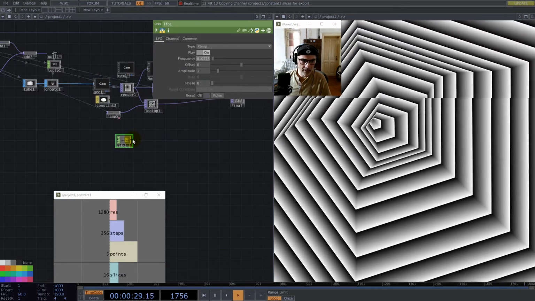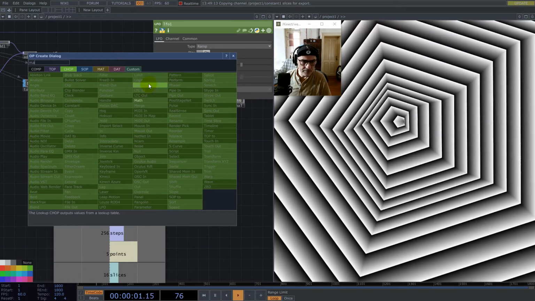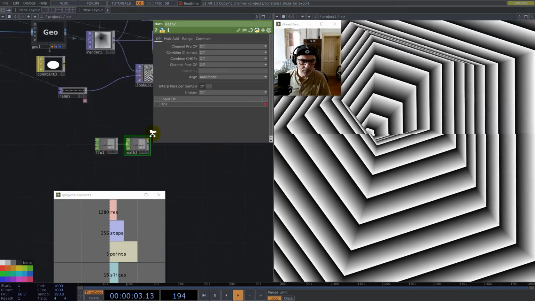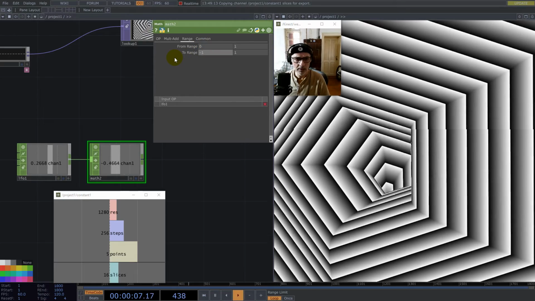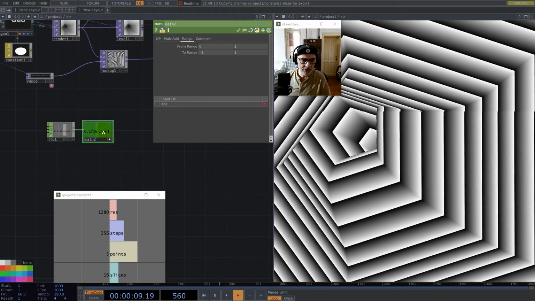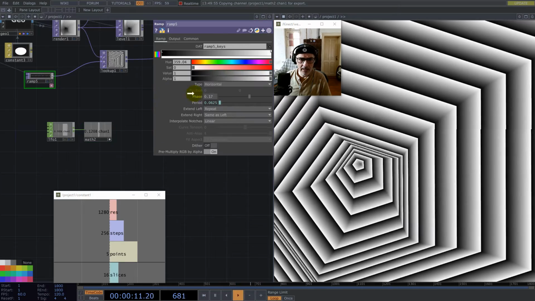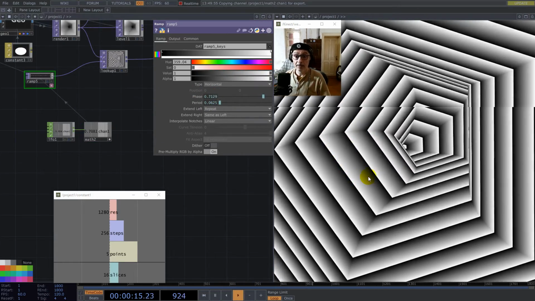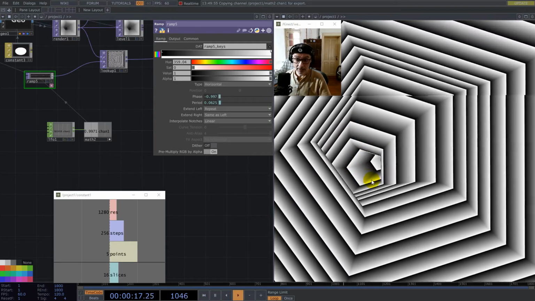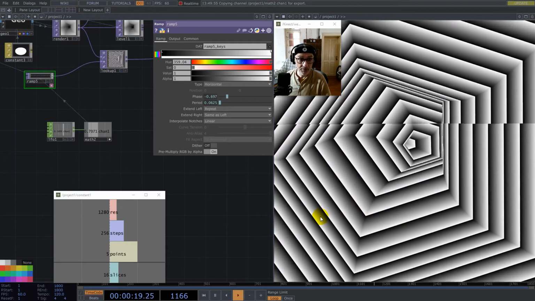Okay, and now we have a matte and we rearrange the values from 0, 1 to -1 to 1, and use this channel here at the phase. Okay, now they are coming, they are moving and coming through to the screen.